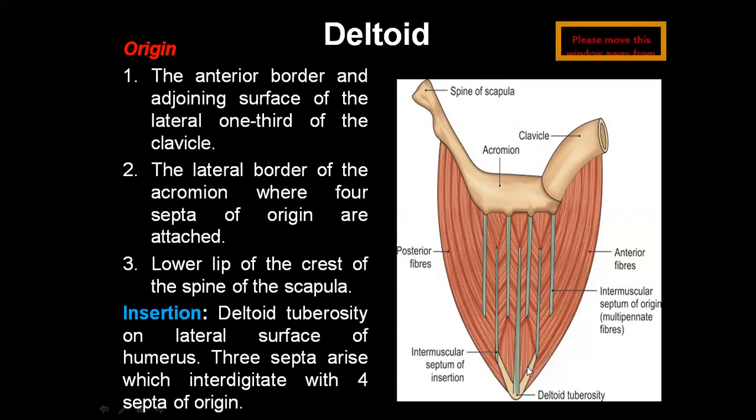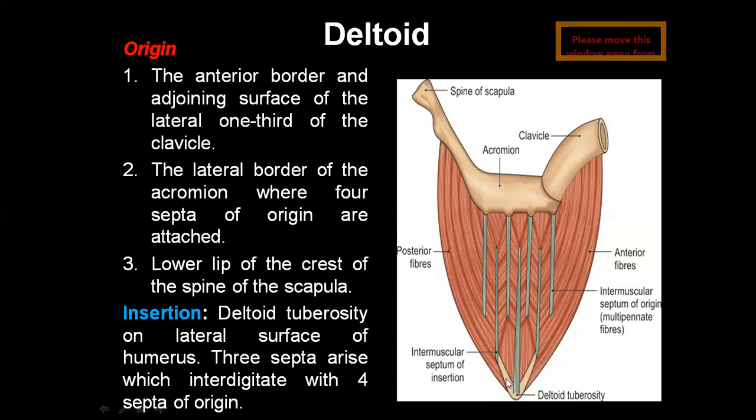So the anterior fibers, the middle fibers, and the posterior fibers all converge together and get inserted at the deltoid tuberosity. If you remember, it is found in the middle one third of the humerus bone on the lateral surface.